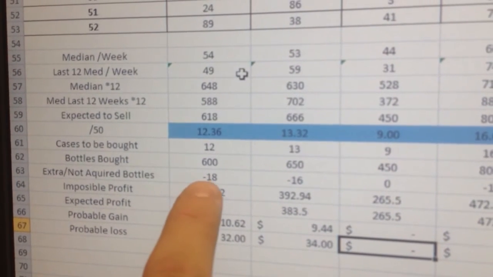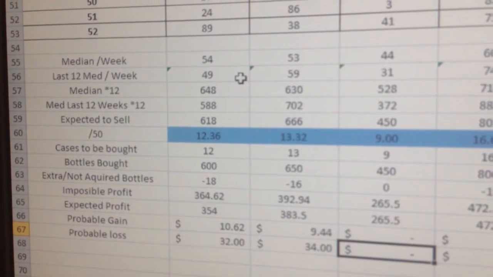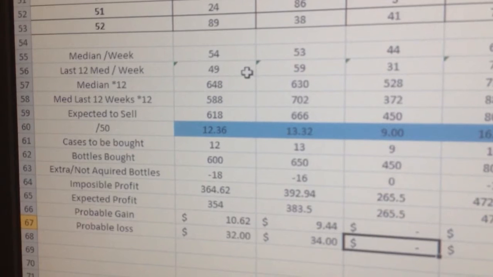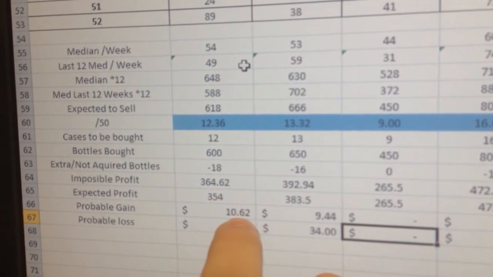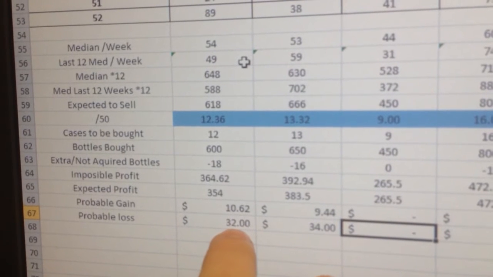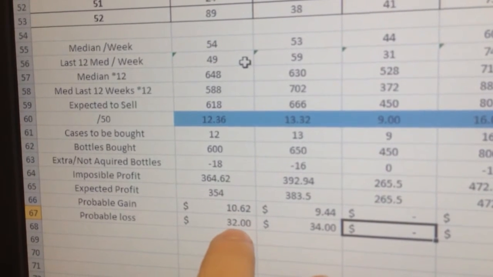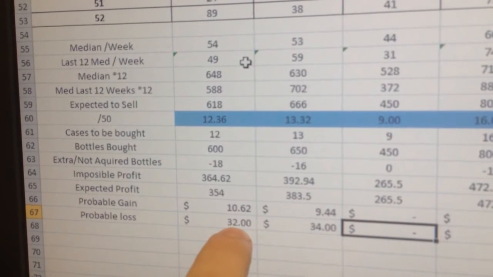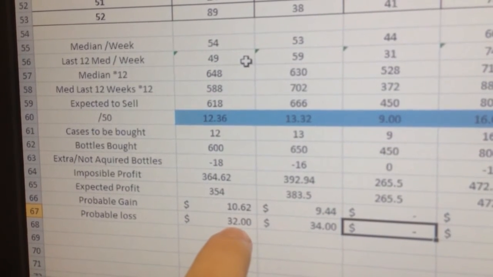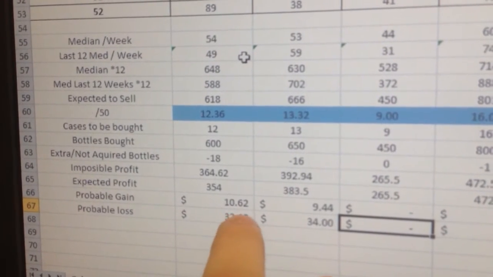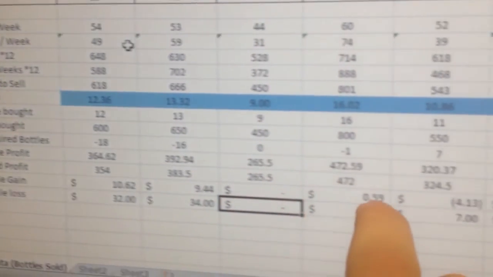With the 18 bottles that we are not going to sell, we would still save $10.62. And with the extra, if we were to buy it, we would have 32 pops that we would throw away. With the Pepsi products, each bottle is worth $1 that we'd have to throw away, so we'd end up losing 32. And this goes the same along with all these along the bottom.